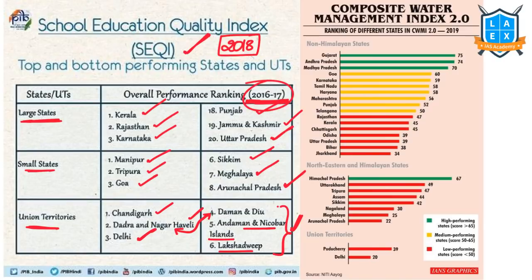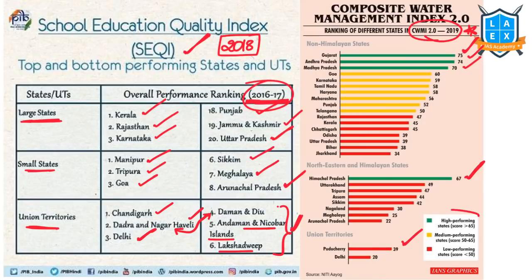This was released only once in 2018. They calculated data of 2016 and 17 and released it. And there's one more index, Composite Water Management Index. Among them, see, Gujarat, Andhra Pradesh, Madhya Pradesh performed well. Northeastern states, Himalayan states, Himachal Pradesh performed well. Among union territories, Puducherry performed well.